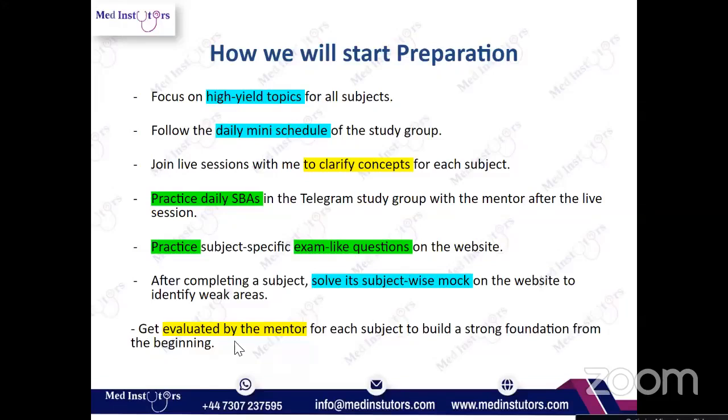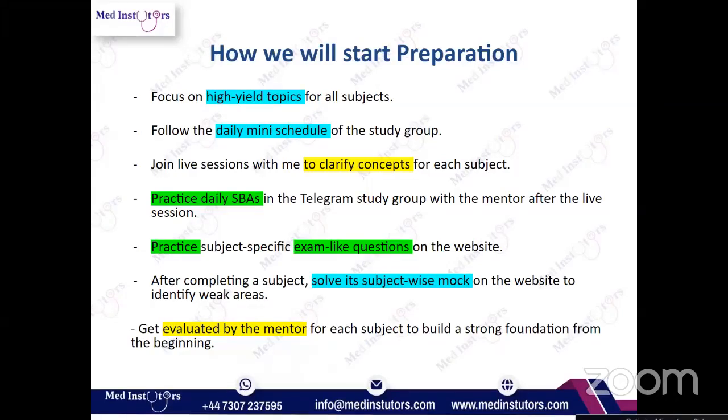So let's continue. Once you have your mock result in your hand and now you know your weak areas, you can anytime share with us. You can ask for help if you find yourself confused in any subject.